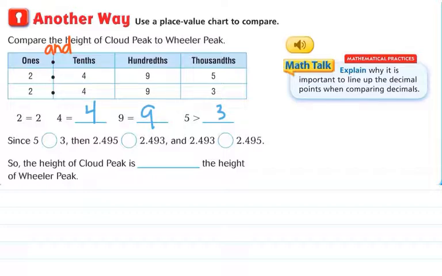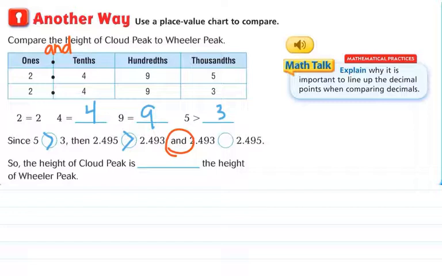So since 5 is greater than 3, then 2 and 495 thousandths is greater than 2 and 493 thousandths. Now when it says and, boys and girls, we know that we're talking about a different comparison.